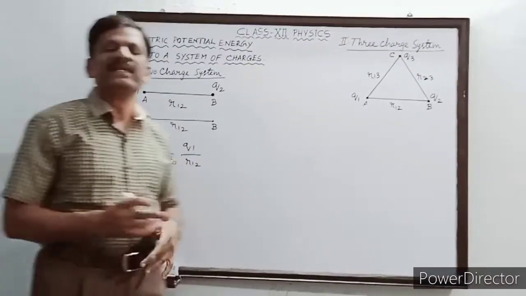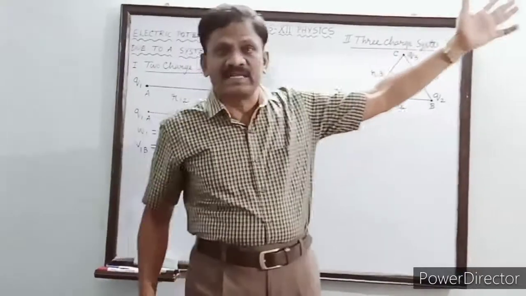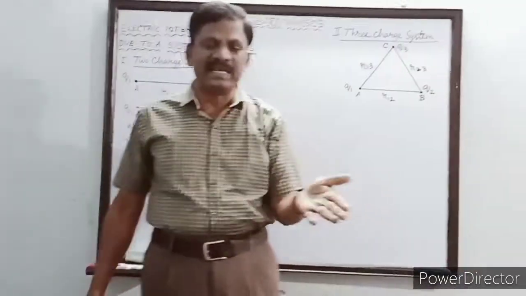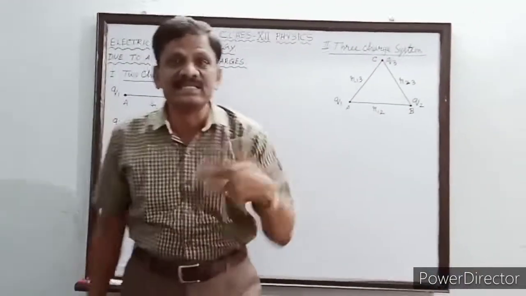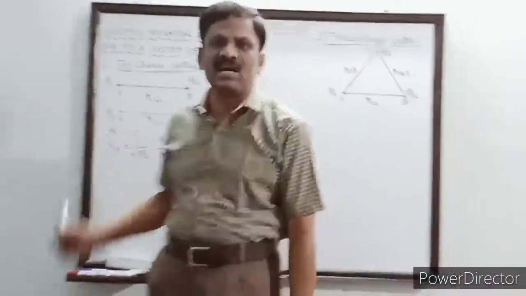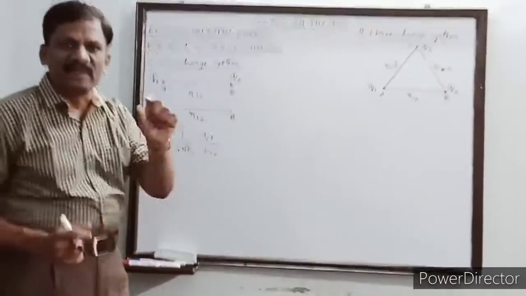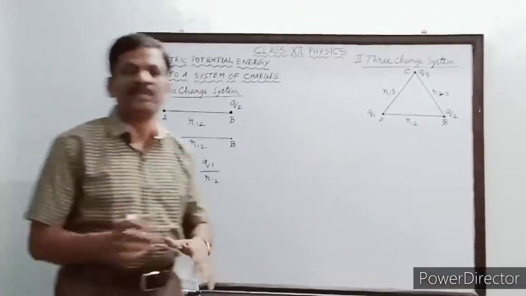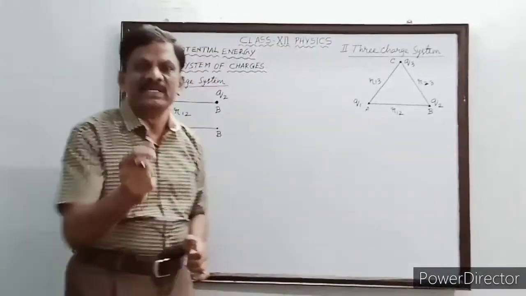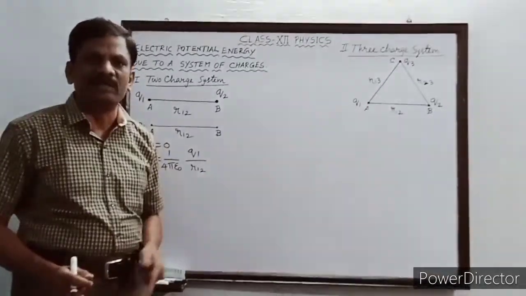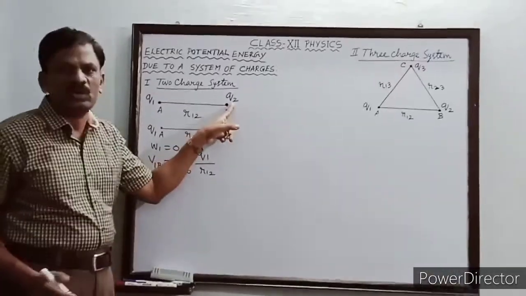How will you define the electric potential at the point B? It is the work done in bringing a unit positive charge, that is plus 1 coulomb, from infinity up to the point B against the electrostatic repulsion of the charge Q1. But we are not bringing unit positive charge and placing it at B. In place of unit positive charge, which charge are we bringing from infinity up to the point B? That is equal to Q2.